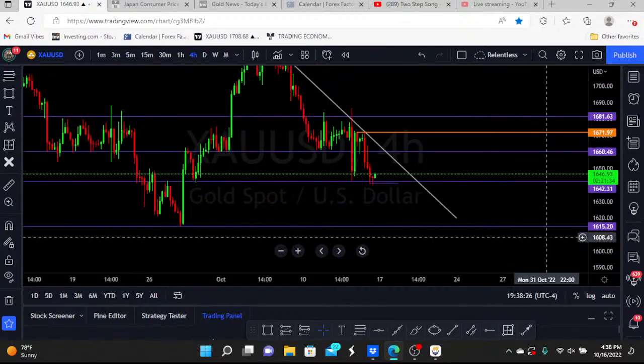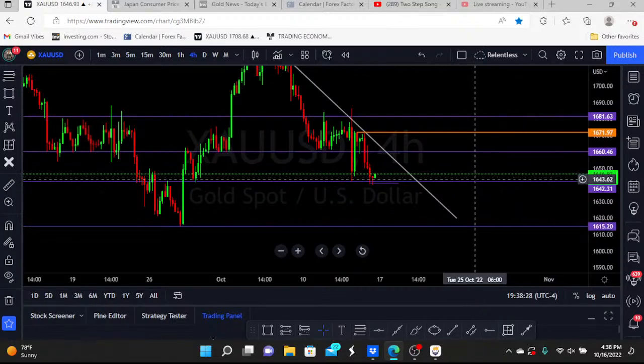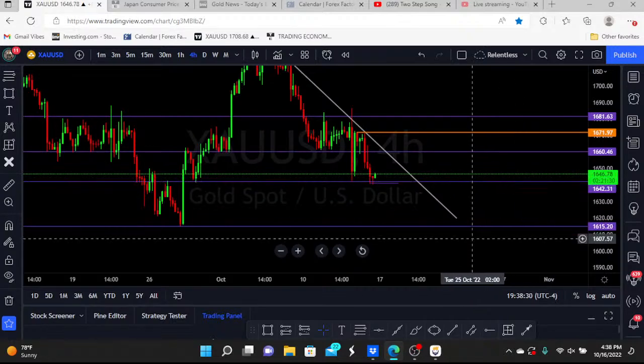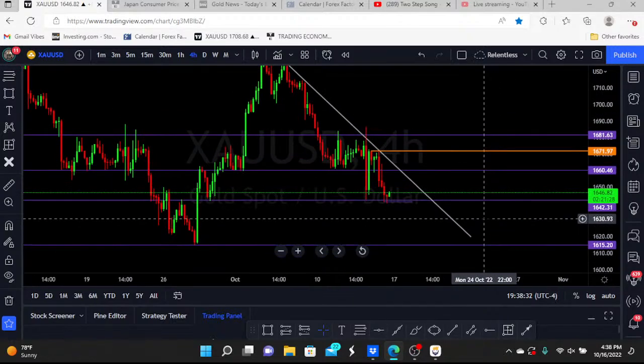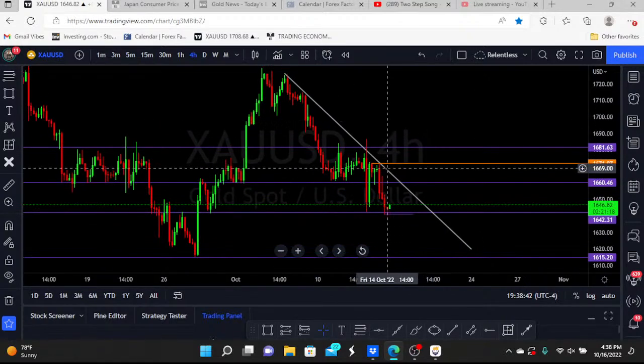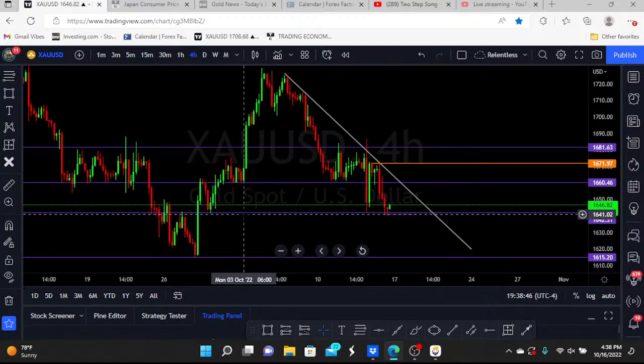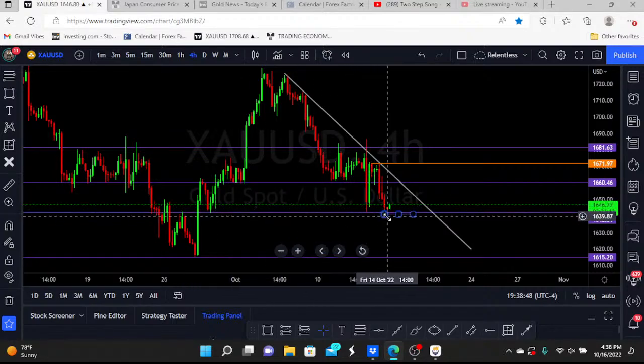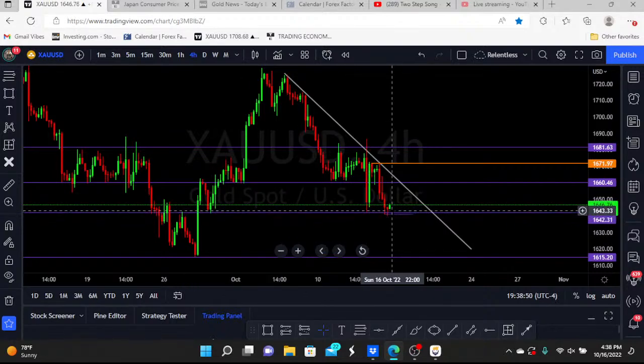Now on the 4 hour, we have a push phase into a major support that is a support across the board. Now if we break this, ideally that's totally fine.